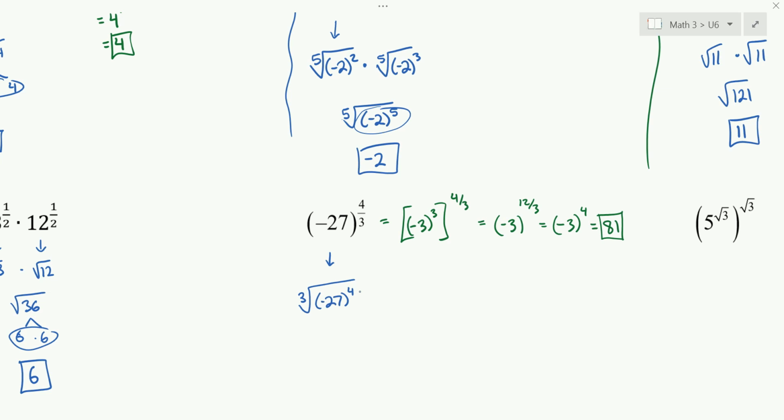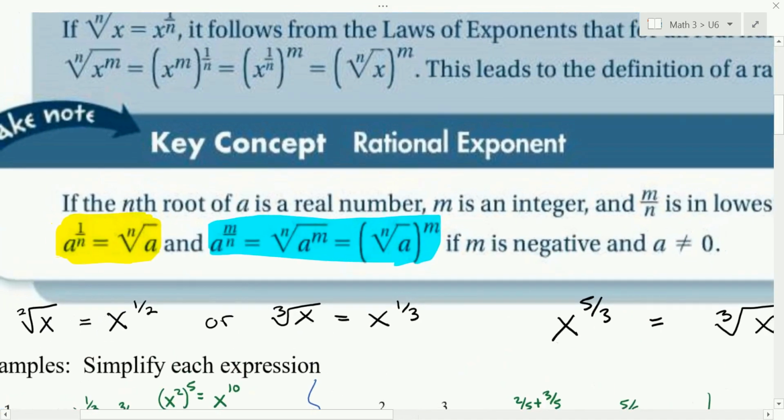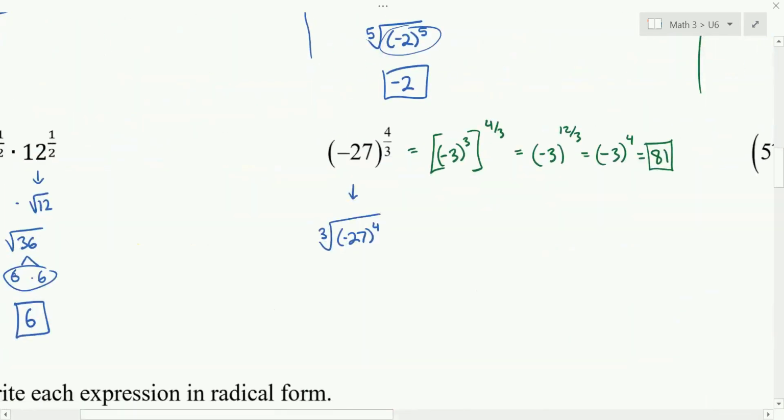That's going to be a really big number, right? But if you go back up to this rule here, there's another form. We can take the nth root of a first and then take the power of m. So that's what we want to do here. This is the same thing as the cube root of negative 27 first, and then take the fourth power of whatever you end up getting. So that's going to be negative 3 to the 4th power, which is 81.